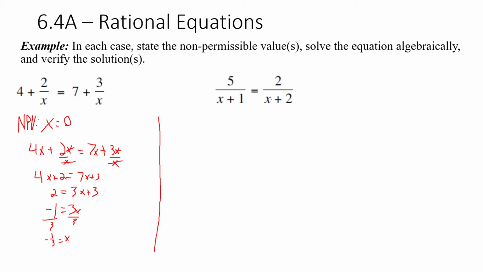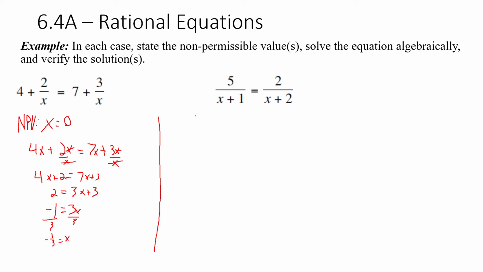We can either multiply everything by x plus 1 times x plus 2. That would be the lowest common denominator between these two. Or we can cross multiply, which is honestly effectively the exact same thing. So let's cross multiply for this one. We're going to multiply the whole thing by x plus 2.